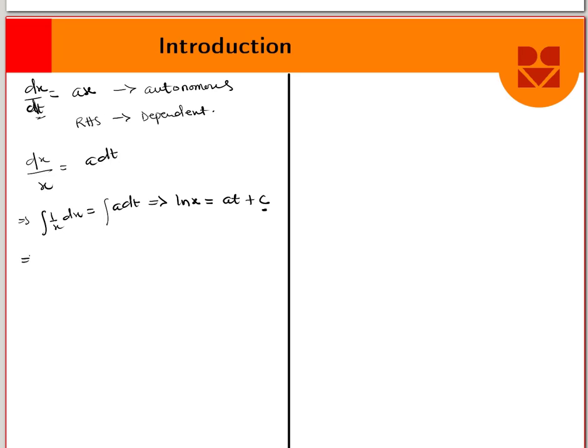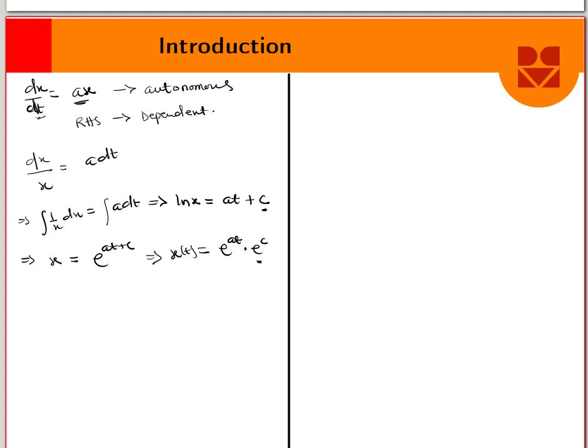The summation of the two constants is still a constant, so we have that. Now we want to find the unknown function x of t whose derivative will give us ax. So in order to do that, I'll have to take the anti-logarithm of ln x. This gives us x equal to e to the power at plus c. Then x of t equals e^(at) times e^c.